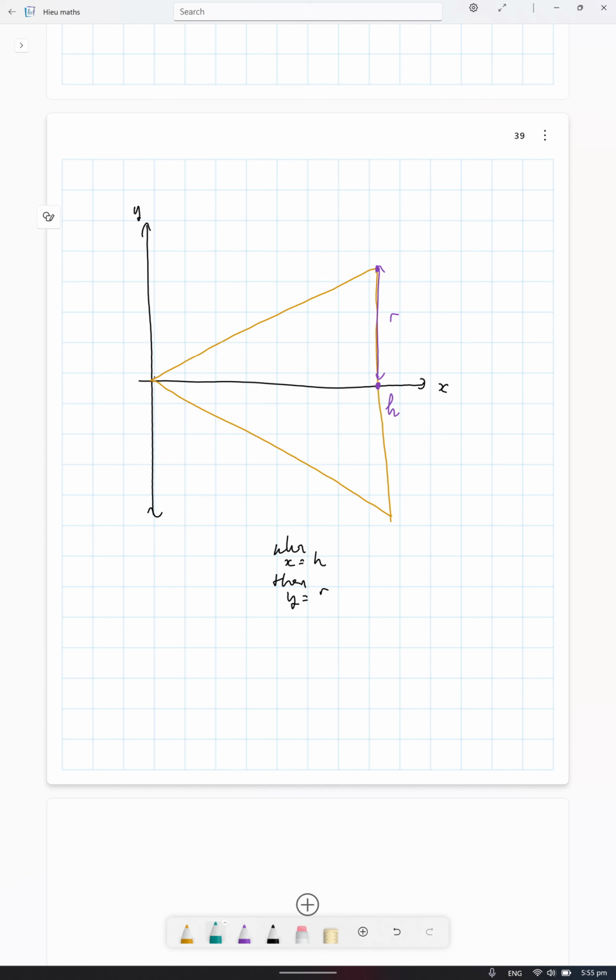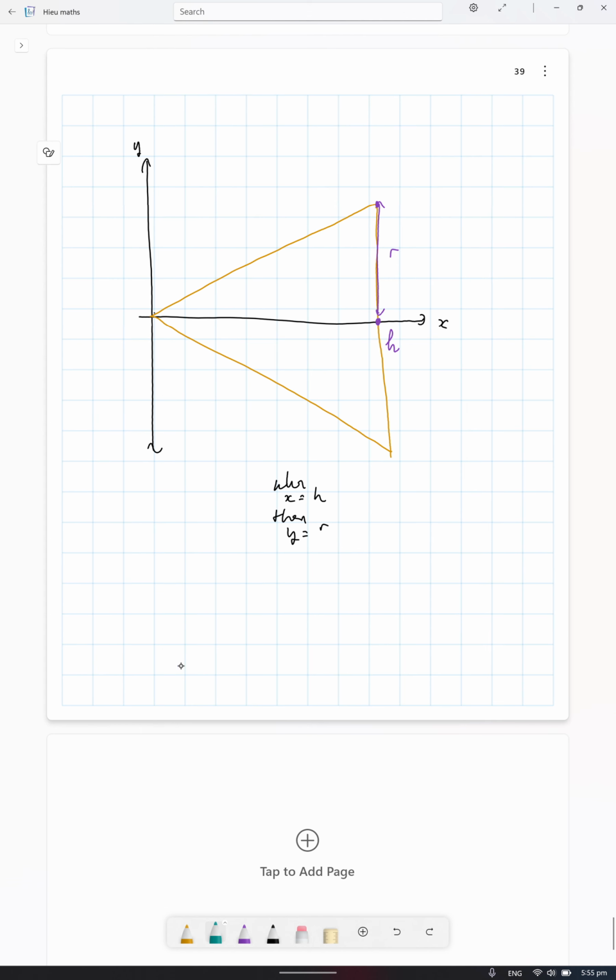The idea is that if I take this triangle, the large one, it has a ratio of r to h, right? And I want to find a general form of this. So let's just imagine there's a smaller triangle and there's a form of y to x.